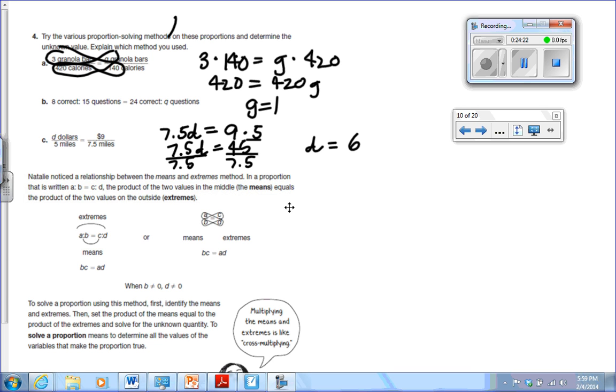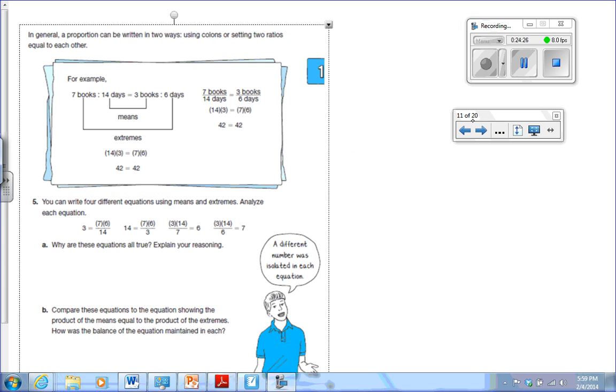This should be familiar to you because it is exactly like cross multiplication. In general, a proportion can be written in 2 ways, using colons or setting 2 ratios equal to each other, as given here. You can write 4 different equations using means and extremes.